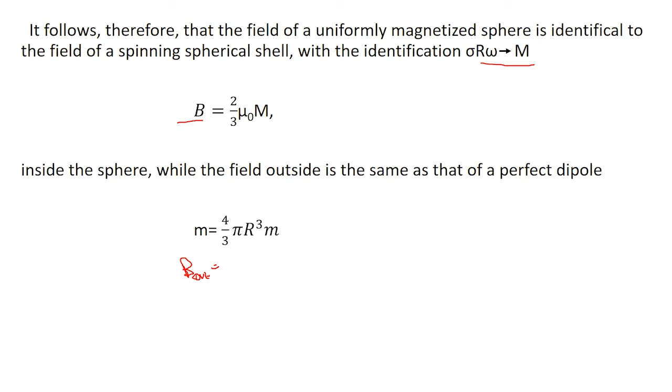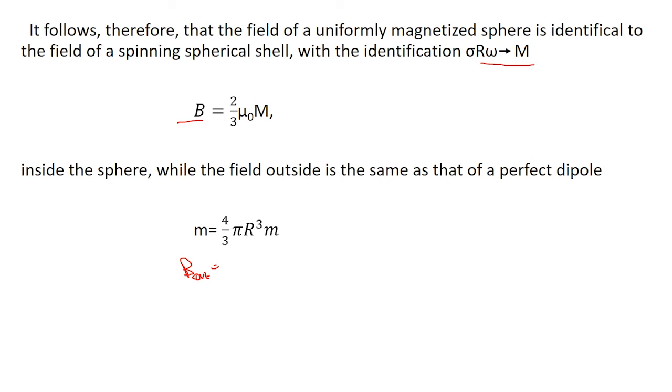This is the field outside the uniformly magnetized sphere, and this is the solution of this problem. Hence, we have found the magnetic field both inside and outside the sphere.